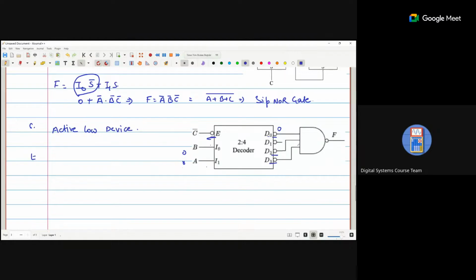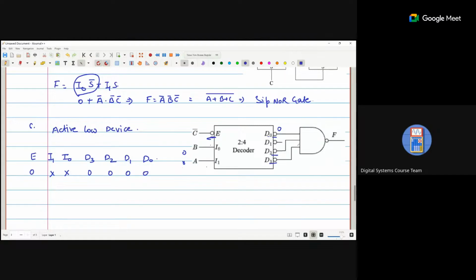Now, sir, the inputs are enable, I1 and I0, and outputs are D3, D2, D1 and D0. When enable is 0, anything we apply, we get all 0.